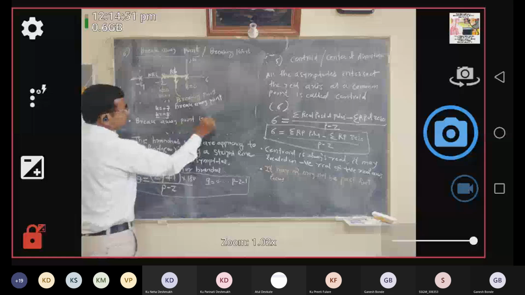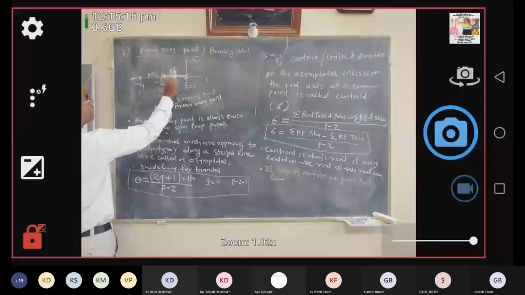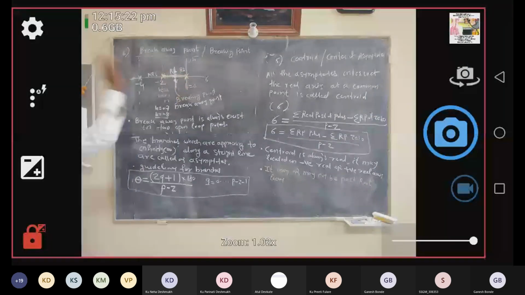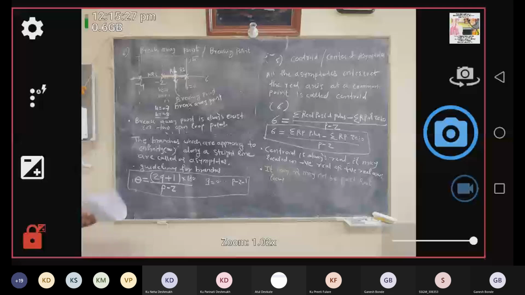Wherever there are two such consecutive open loop poles, and the section between them is a part of the root locus, then there is the existence of one breakaway point. So this is all about the breakaway point. Have you understood what we mean by breakaway point?